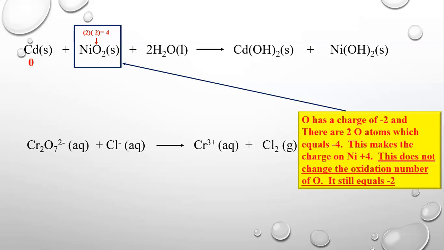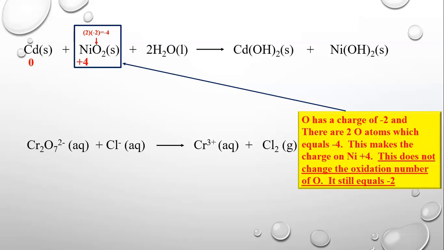So we said oxygen's a -2. You have 2 of them. That's a -4. So that's going to help you to assign the oxidation number to nickel. So this makes the charge on nickel a +4, because 2 times -2 is -4.